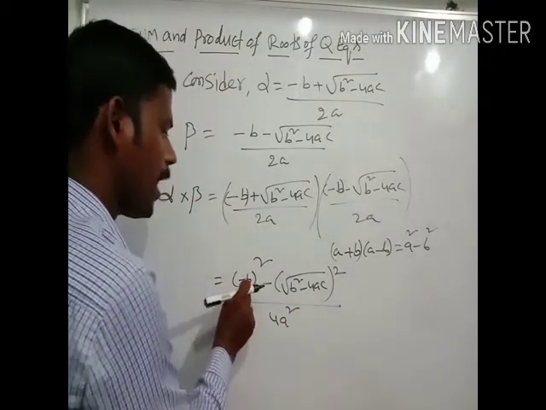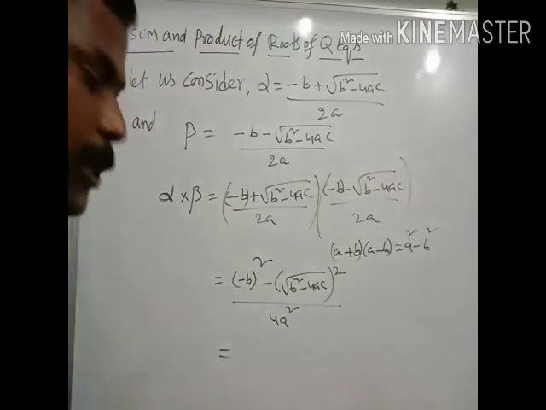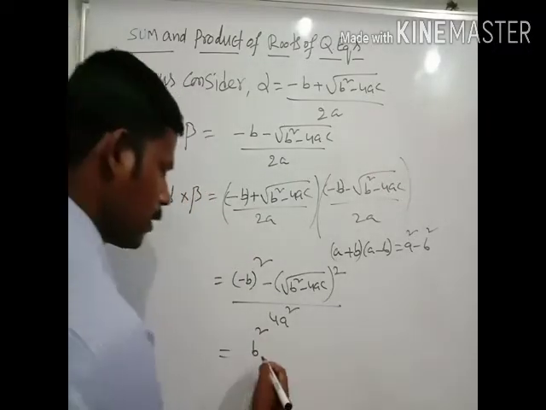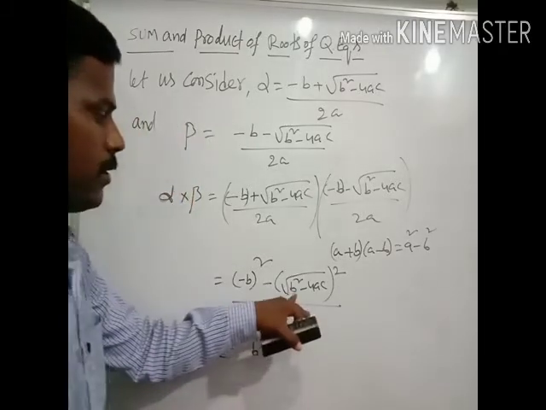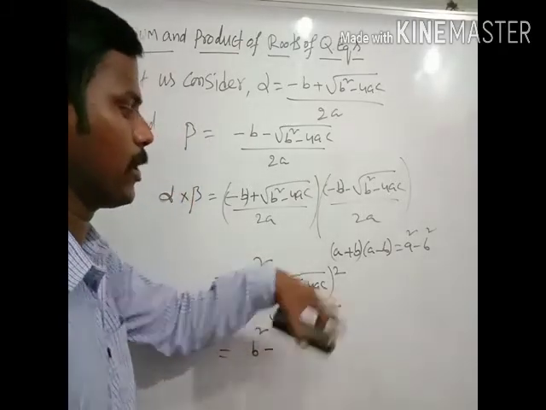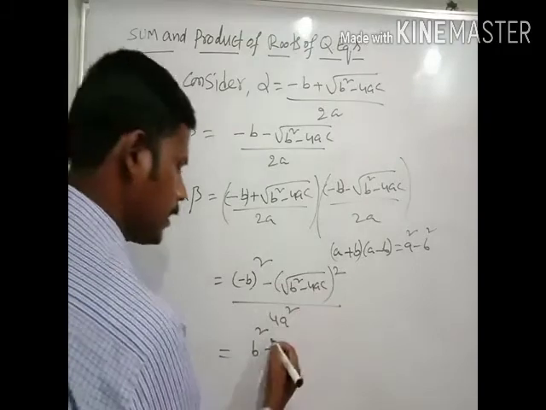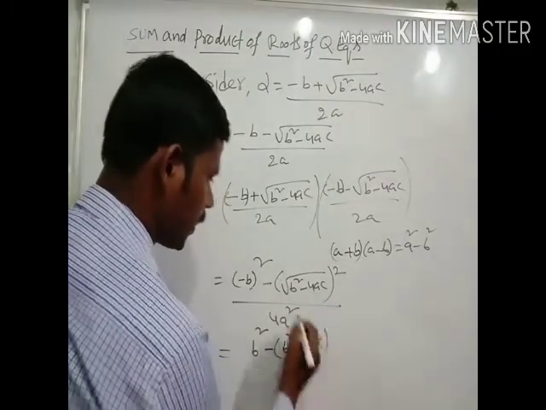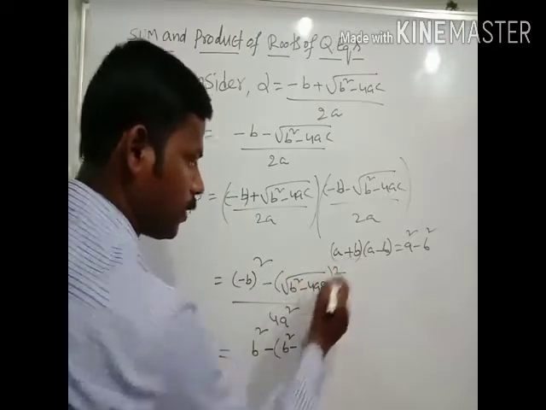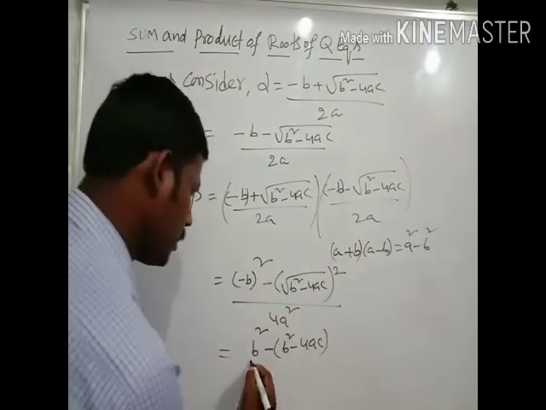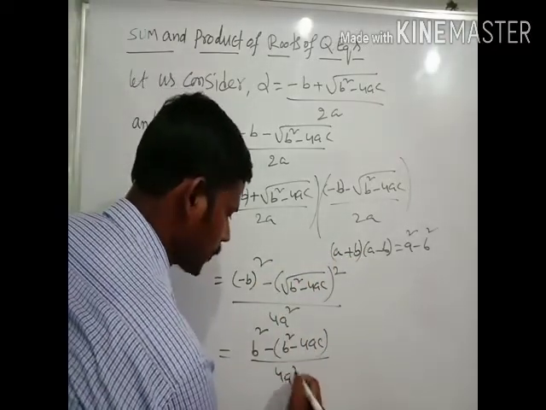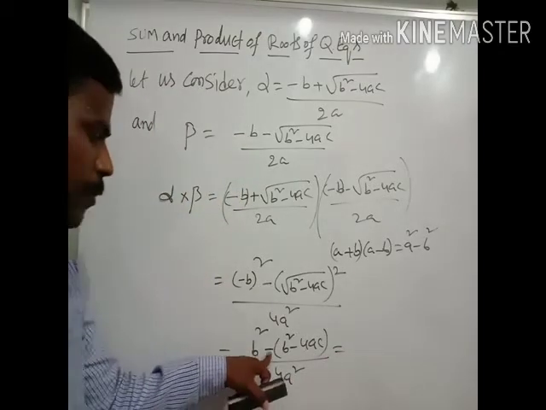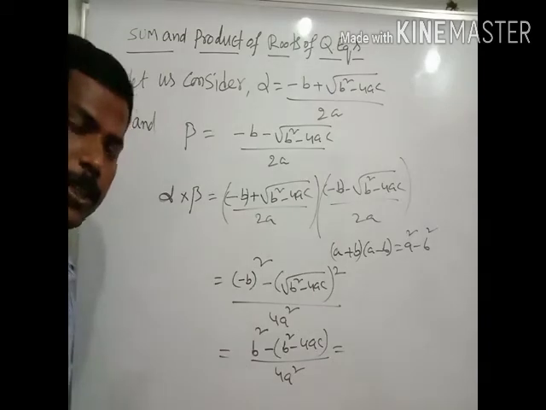Now minus b whole square. Minus into minus what children? Plus. That is equal to b square minus. See, square root of b square minus 4ac whole square will be how much? The value itself, b square minus 4ac, because the square and square root cancel each other. Now simplify children. B square minus b square, what? 0.